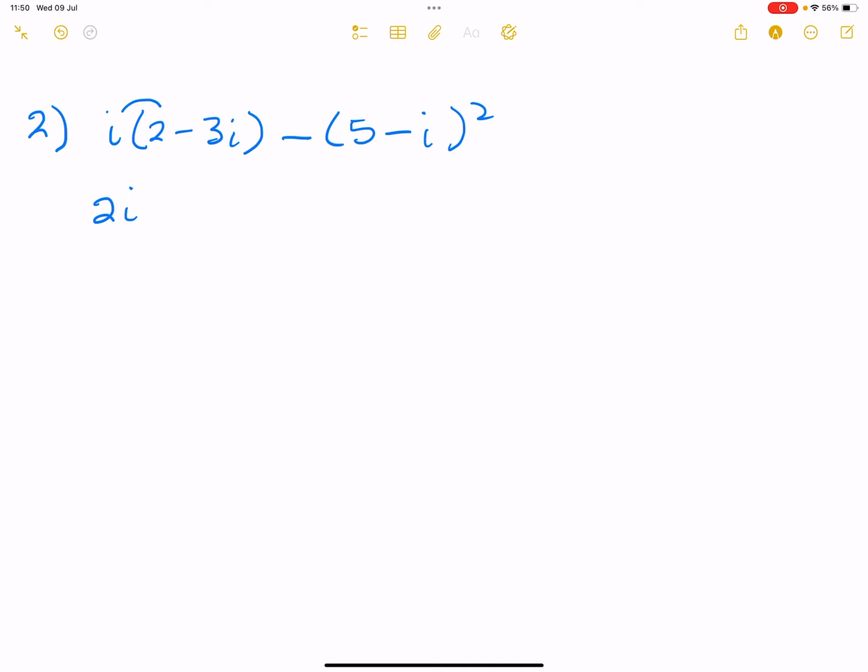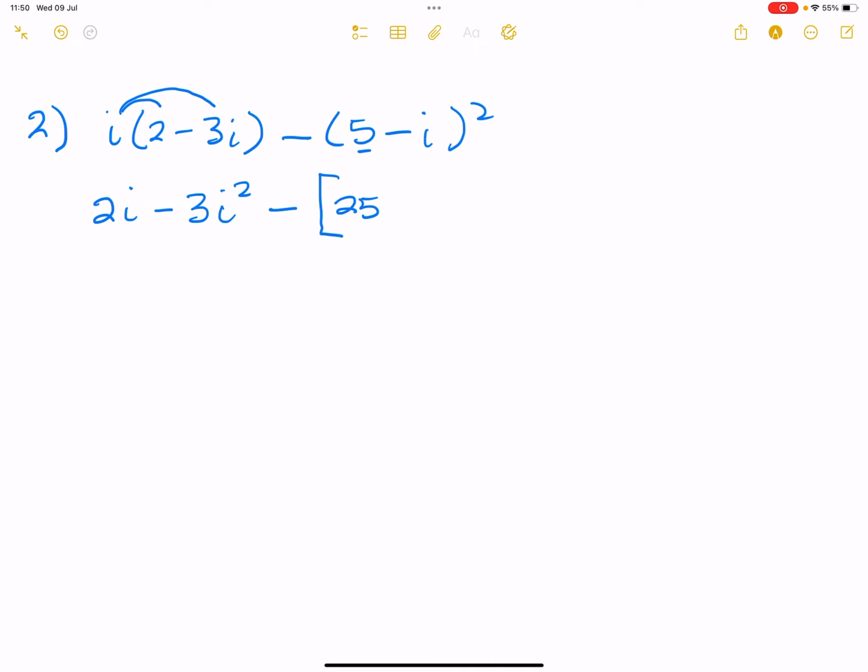So we start with brackets. That's i times negative 3i, that's negative 3i squared. Minus. Now, please remember, ladies and gents, you do not multiply into the bracket first without firstly solving for that square. So what do we get? We've got minus 25, that's 5 times 5.